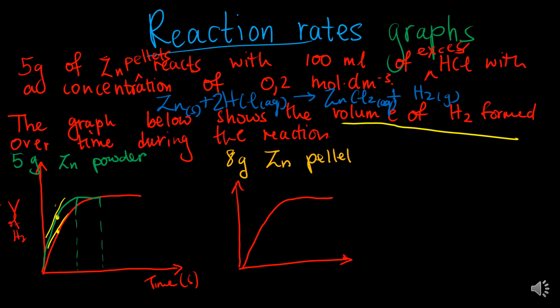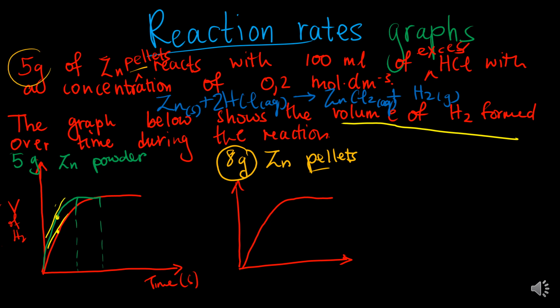So what has changed? The surface area has not changed. Remember, surface area of a solid is one of the things that affects the rate of reaction. Surface area has not changed because this is pellets and this is pellets, right? But the amount of the limiting reagent has increased. Before you had 5, now you have 8, right?